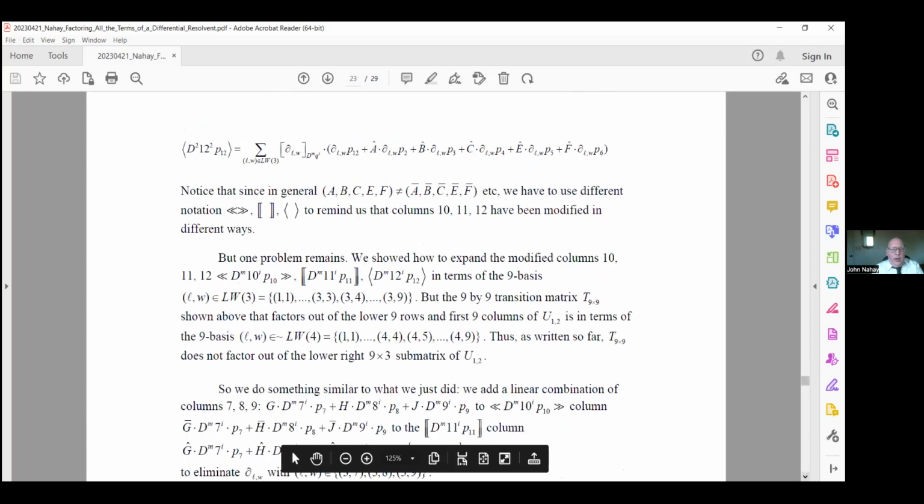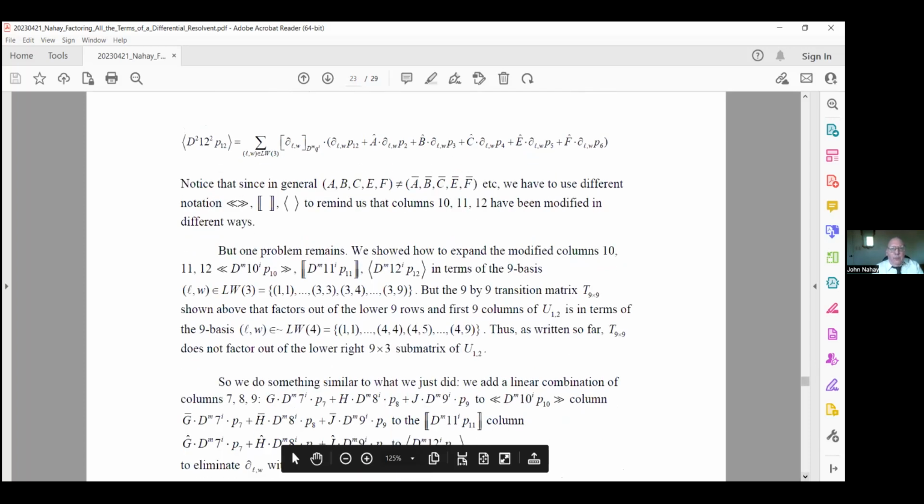And then there's one more modification to expand these. We've expanded these modified columns in terms of basis 1, 1 up to 3, 9. But the 9 by 9 transition matrix T99 that I showed earlier is actually in terms of this lopped off LW4, which goes up to 4, 4, 4, 9.